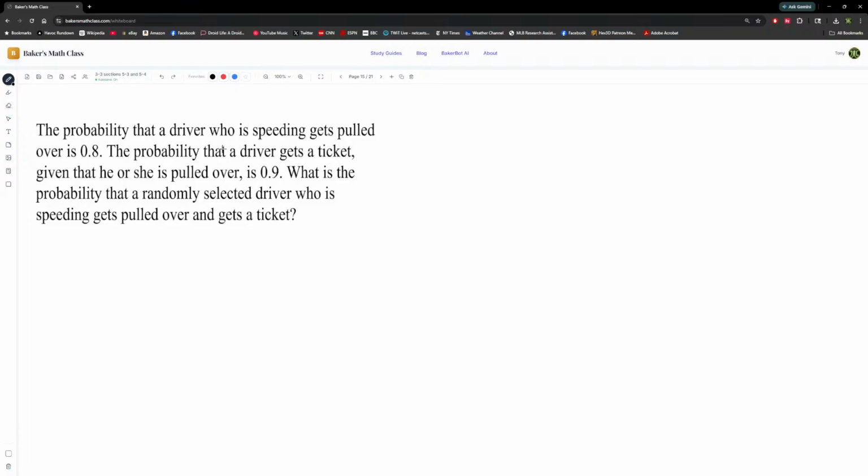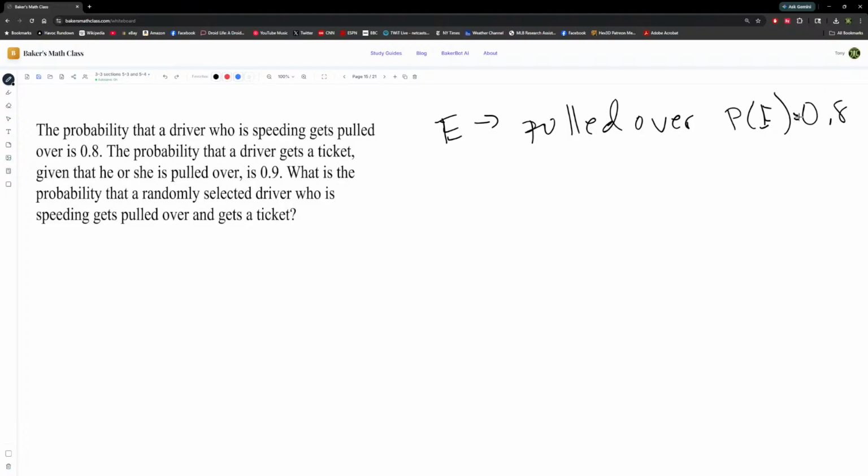So the probability that a driver who is speeding gets pulled over is 0.8. The probability that a driver gets a ticket, given that she or he was pulled over, is 0.9. So what is the probability that a randomly selected driver who is speeding gets pulled over and gets a ticket? So the first situation, my event E, is pulled over. And I know the probability of that is 0.8.